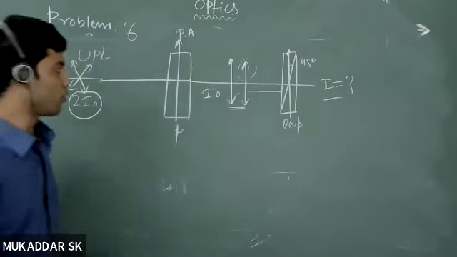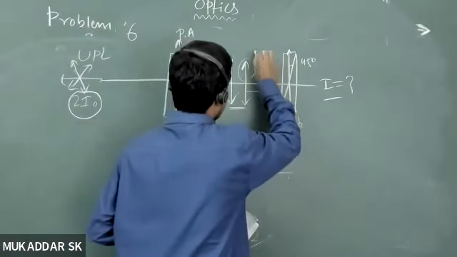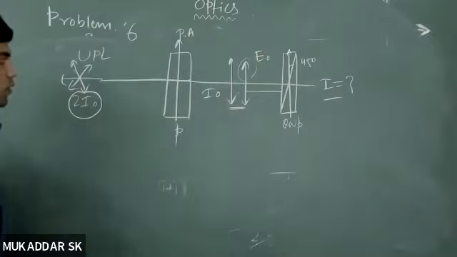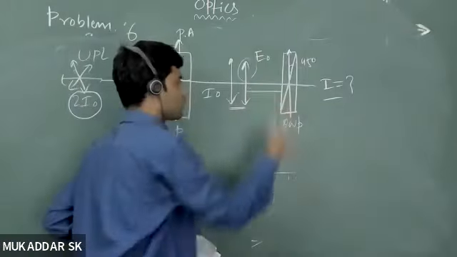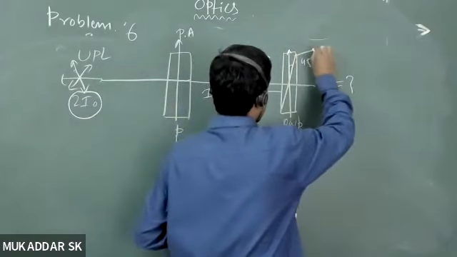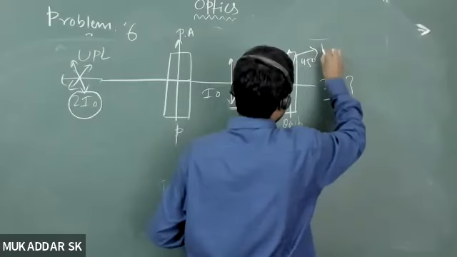Suppose the amplitude of the incident ray is E0. One will be parallel to the optic axis; this will be called the E ray.